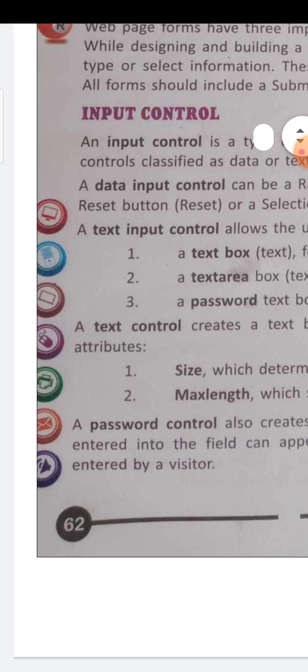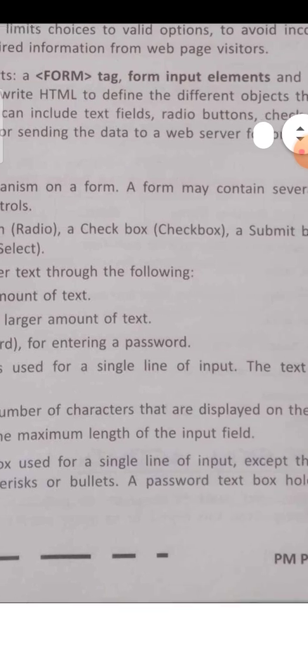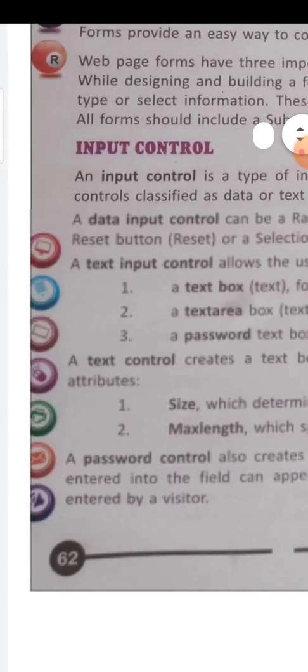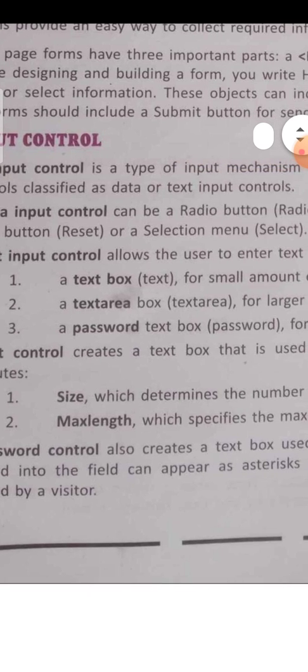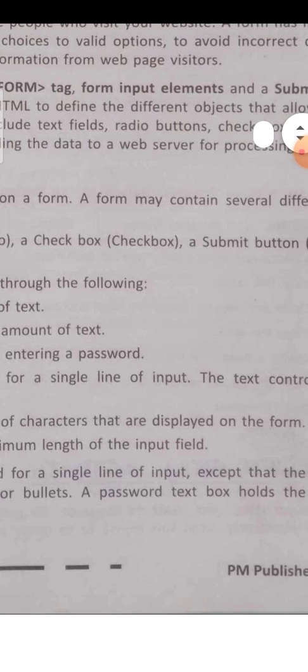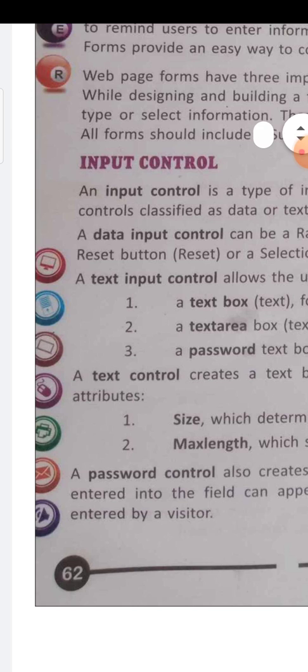Next is the password control. The password control also creates a text box used for a single line of input, except that the characters entered into the field appear as asterisks or bullets. A password text box holds the password entered by a visitor.